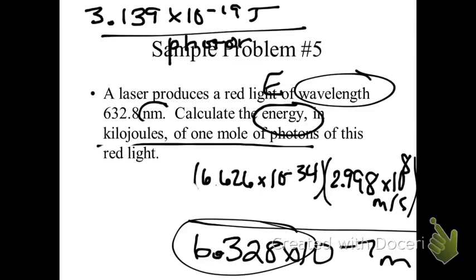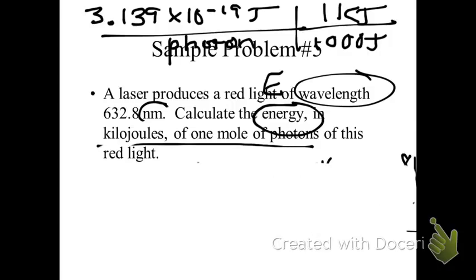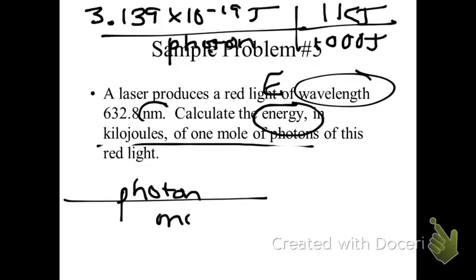And the problem is this question specifically says kilojoules per mole. So I'm going to go from the joule to the kilojoule. And then, since I'm out of room up there, we'll wrap around the next line here, and I will do that there are, and remember, photons were on the bottom, so photons need to go on the top here, mole on the bottom.